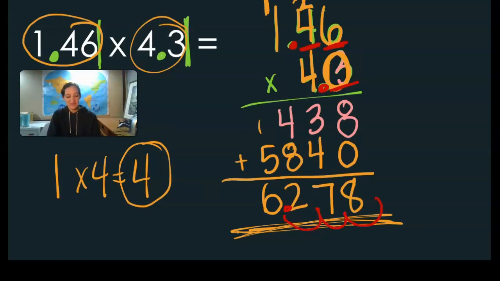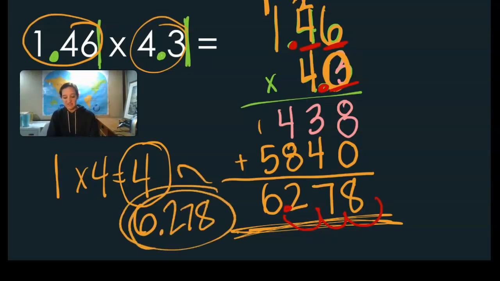So my real answer is 6.278, which is very close to my estimate of 4, right? Way closer than 6,000 or even 62 or 600. 6 is very close to 4 if you consider it that way. So that is how you multiply decimals. Line them up all the way to the right and then scoop your decimal in.